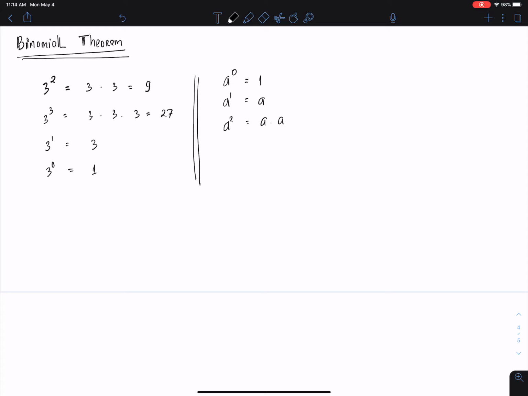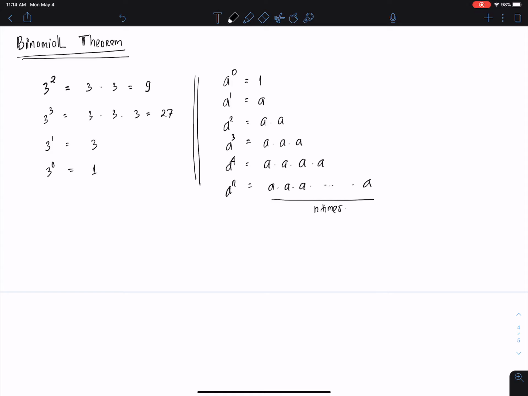Or a to the power of 3, then you will get a times a times a. And a to the power of 4 will be a times a times a times a. And a to the power of n definitely will be a times a times a, and so on until a. How many times? Of course, this will be n times.